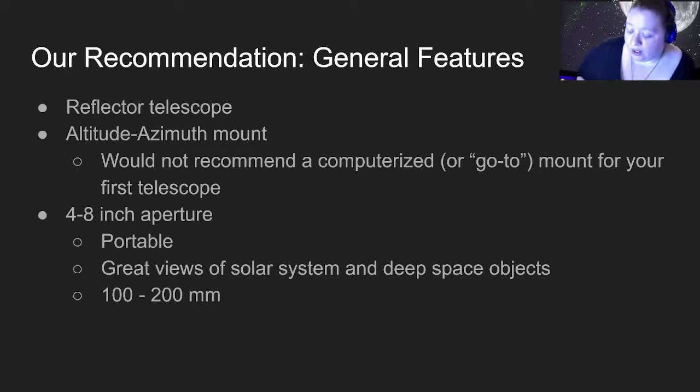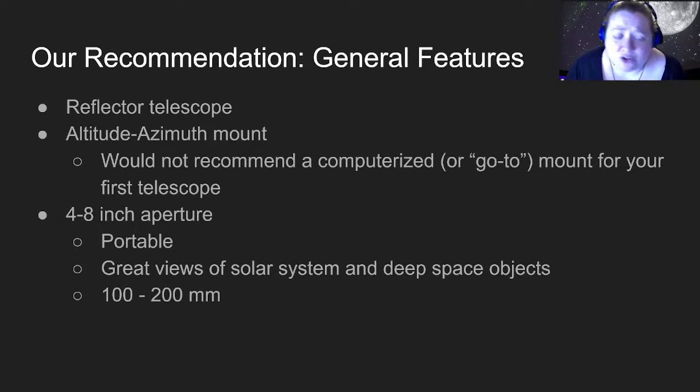You don't really want to go any smaller than 4 inches, because any smaller than 4 inches and you're basically just getting a telescope to look at the moon, and that's it. And in general, if you want something that's really portable, you don't want to go more than 8 inches.